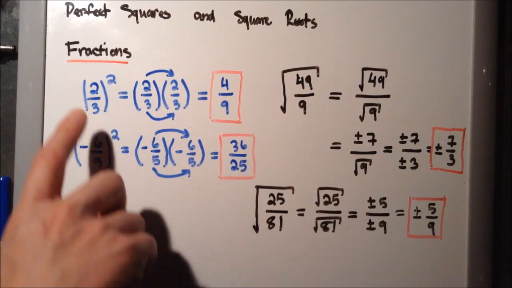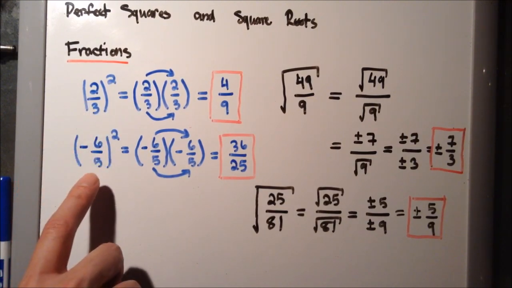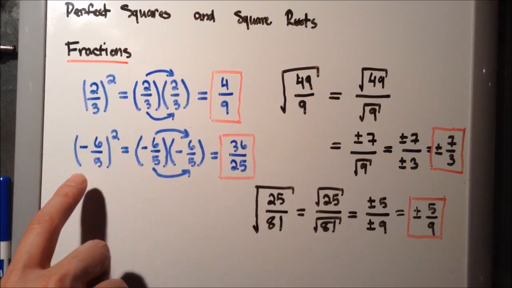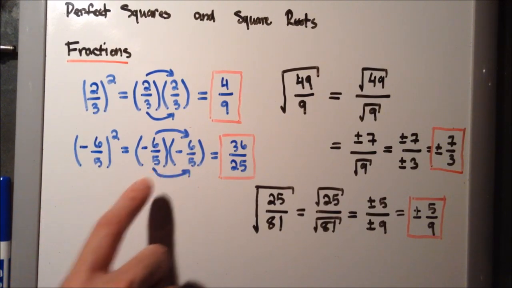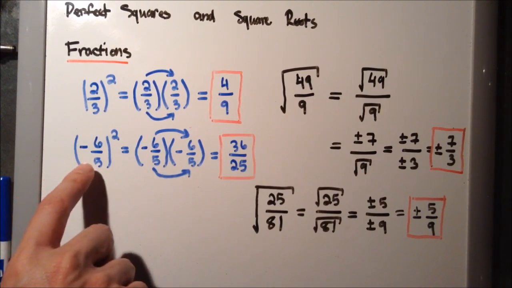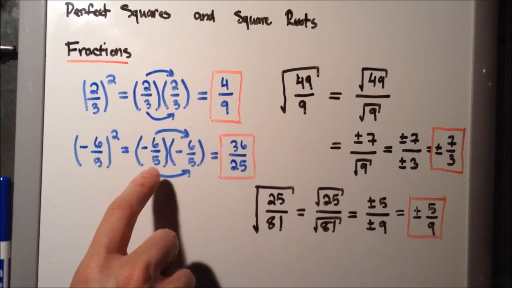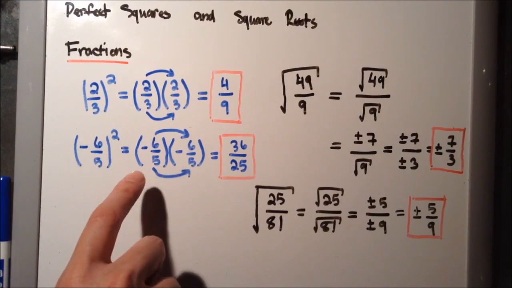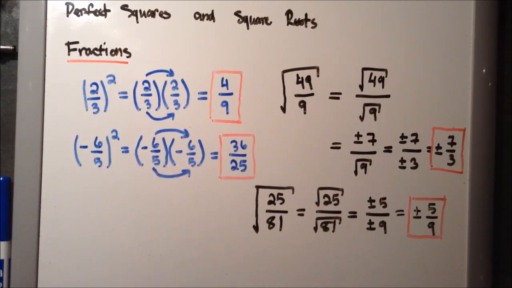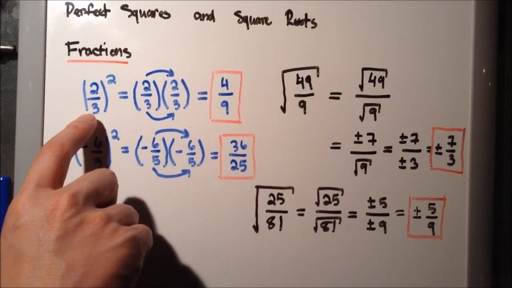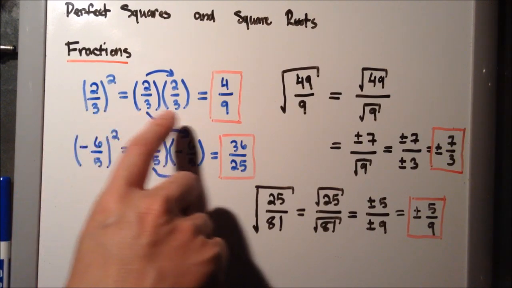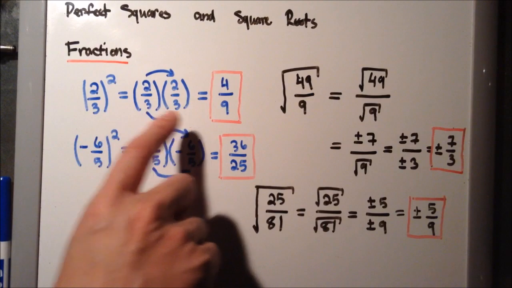Keep in mind that these fractions, and it also applies to whole numbers, are inside the parenthesis, so I'll multiply itself 2 times. So if it's a negative number or a fraction, then there's going to be 2 negative fractions or 2 negative numbers. If it's a positive fraction or a positive number, then there's going to be 2 positive numbers or 2 positive fractions.